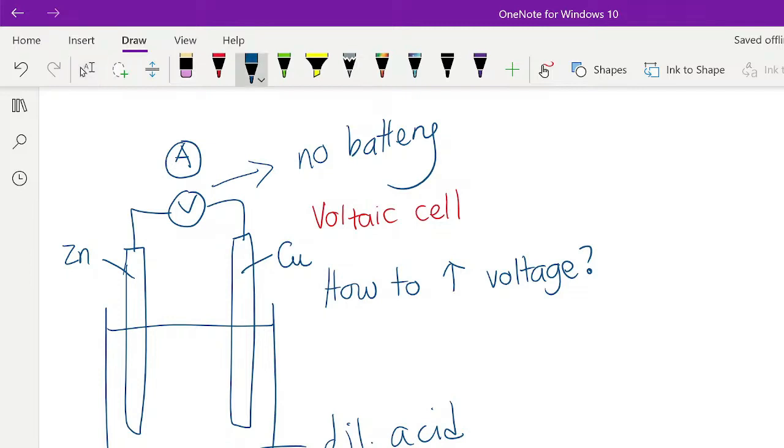For example, we can replace zinc with magnesium, so it will be magnesium and copper. That will give you a higher voltage. Or you can keep zinc and replace copper with something less reactive, like silver. That will also give you a bigger voltage.